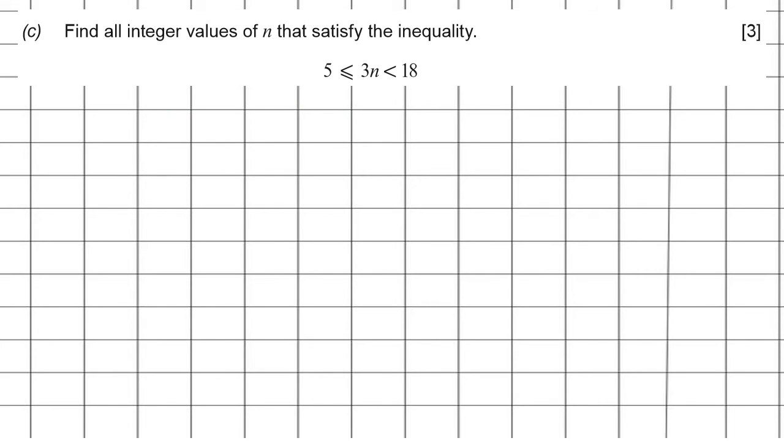C. Find all the integer values of n that satisfy 5 is less than or equal to 3n, and 3n is less than 18. So therefore 3n has to be between 5 and 18.